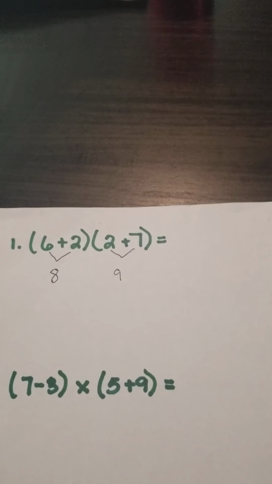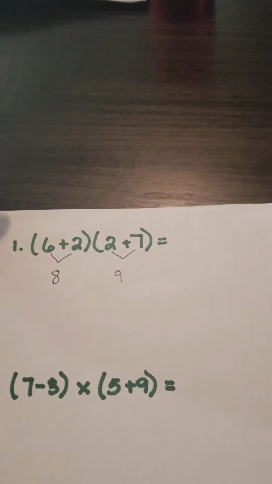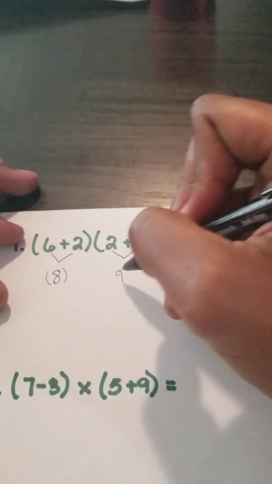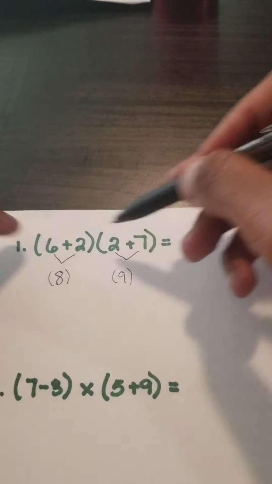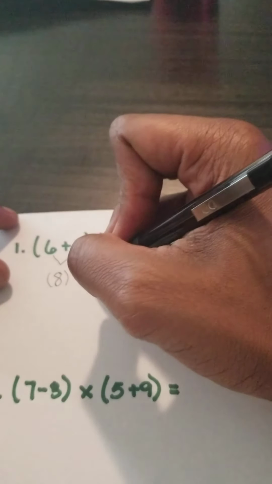So now I have what is in my parentheses. If you want to keep the parentheses there, you can, but you really don't need to. And remember, anytime parentheses are next to each other, we're multiplying.